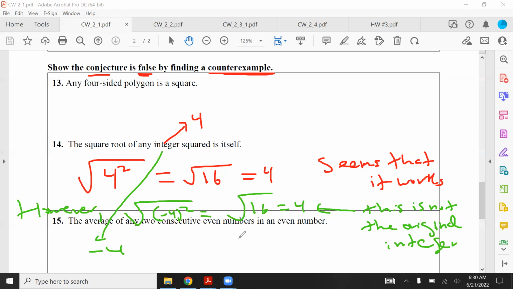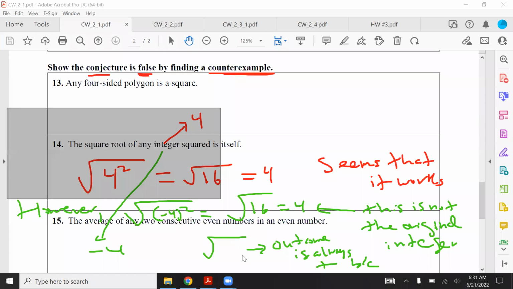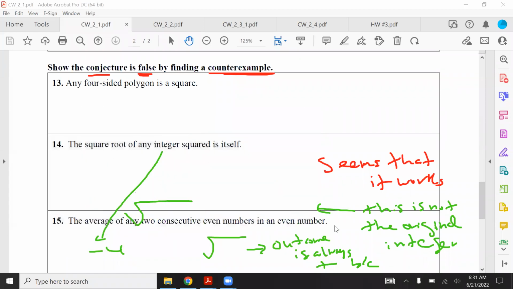Another thing you have to keep in mind is that whenever you square root a number, the outcome is always positive.